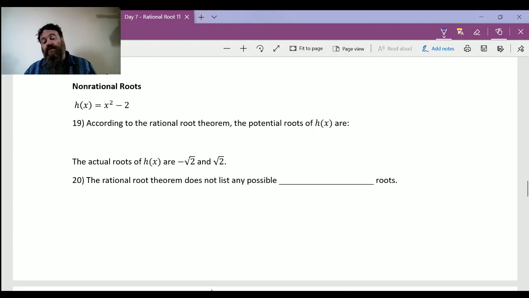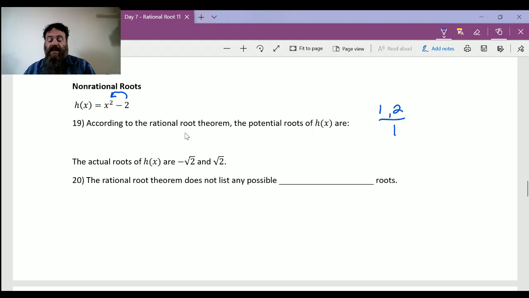What that means is we are going to have to use, like we did yesterday, I think it was, either completing the square or the quadratic formula. According to the rational root theorem, the potential roots are going to be all the factors of 2, because that goes on top of this guy, over all the factors of 1.